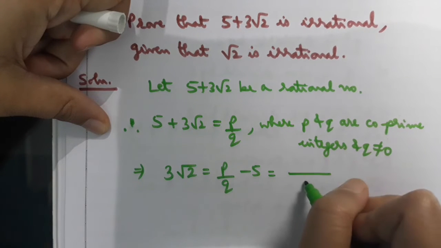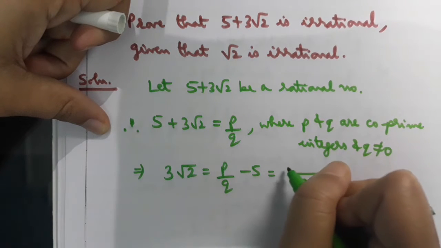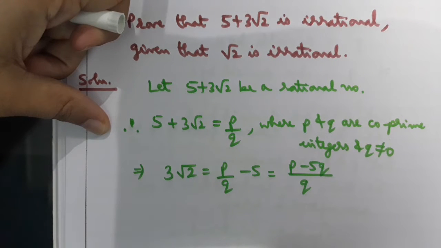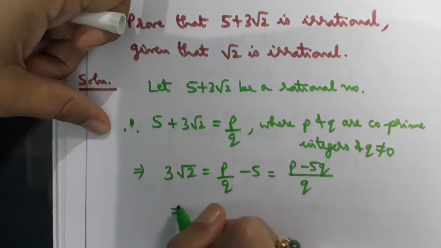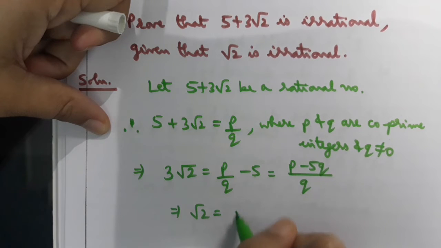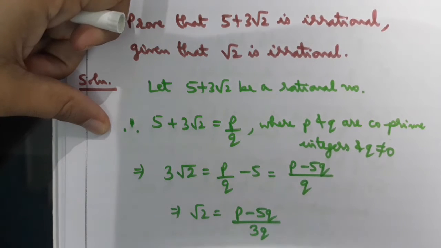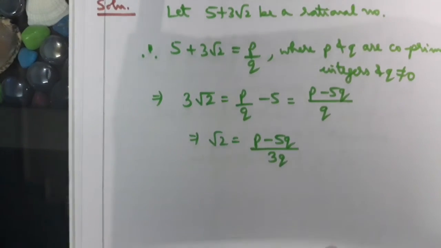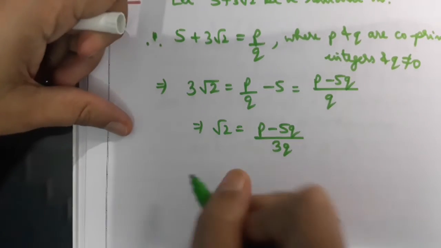So over here we take the LCM. LCM is q. So this becomes p minus 5q upon q. This is the value of 3 root 2. So over here root 2 will become p minus 5q upon 3q. Now we had taken that p and q are integers.